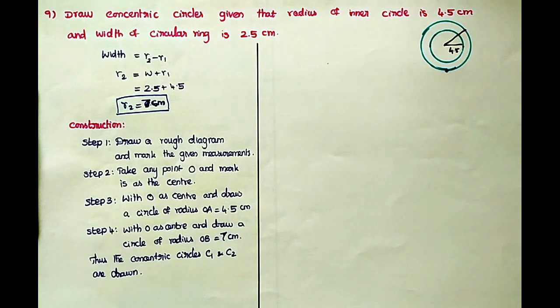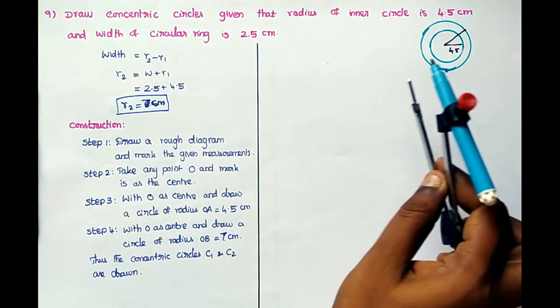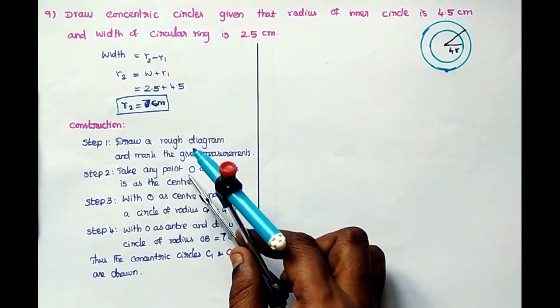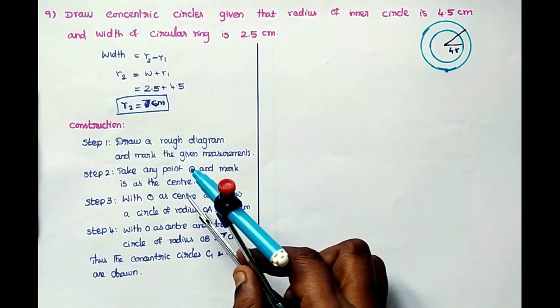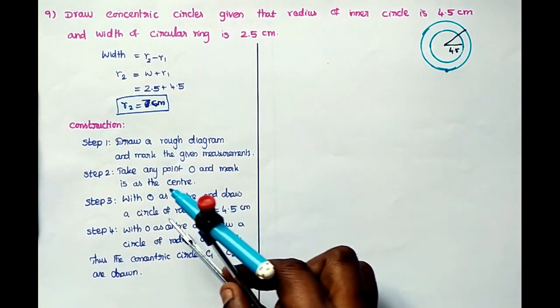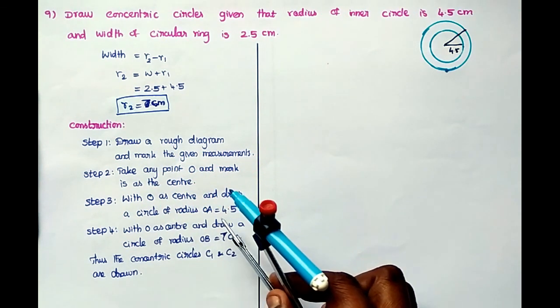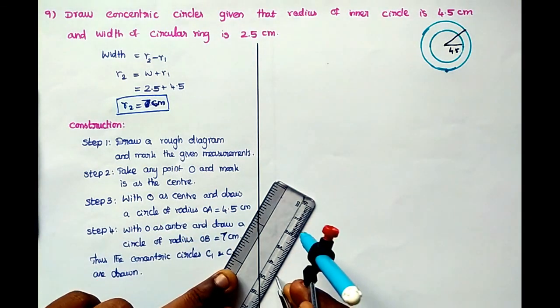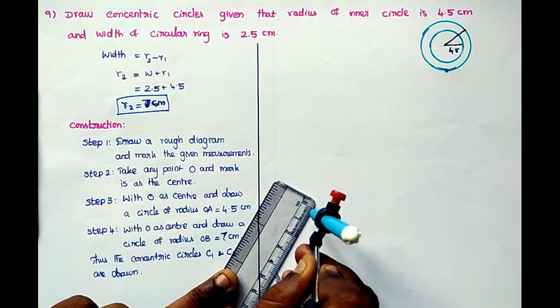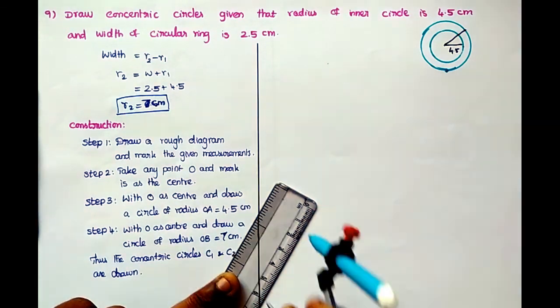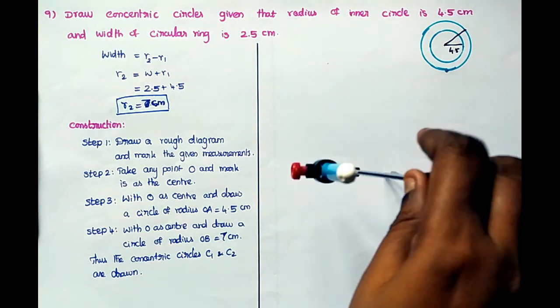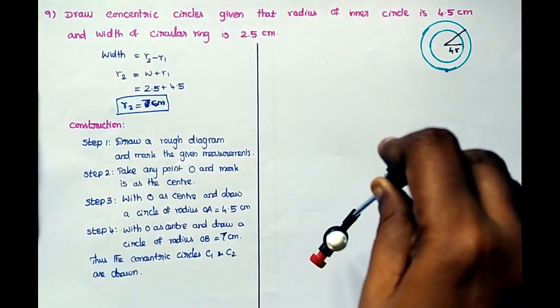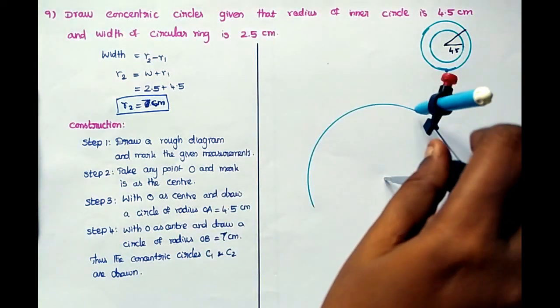So listen, first inner radius. In construction, first step, draw a rough diagram and mark the given measurements, and take any point O and mark it as the center. With O as center, draw a circle of radius OA equal to 4.5 centimeter.